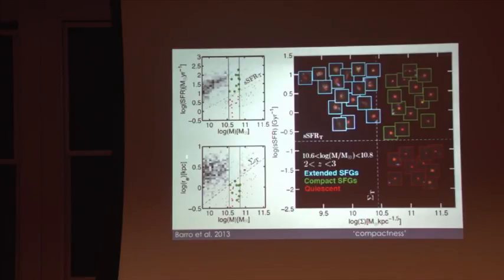Now we had our size versus mass diagram. So imagine we did the same thing. We draw a line that's parallel to the observed sequence to separate our extended galaxies and our compact galaxies. If we make this line parallel to the observed sequence, then everything is mass independent, right? So we can shift up and down in mass, and it shouldn't matter. So we can take a bin in mass or cut in mass, whatever we want.